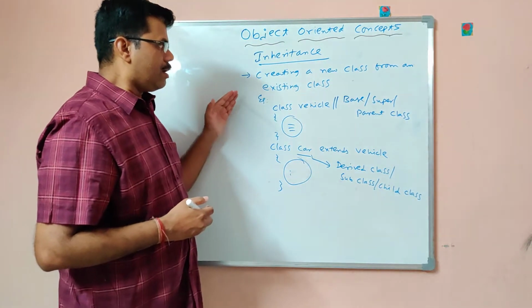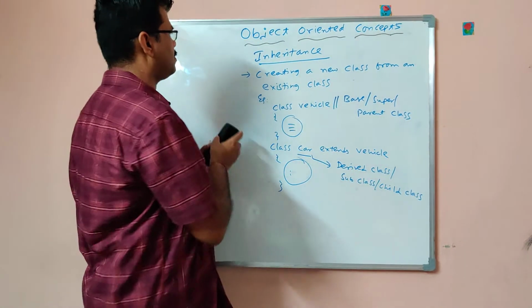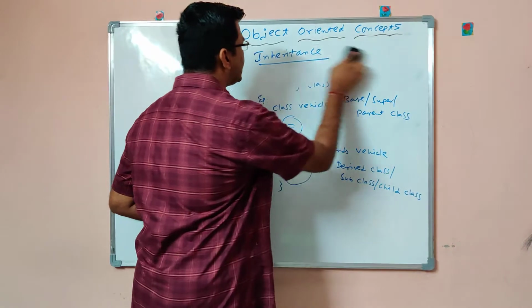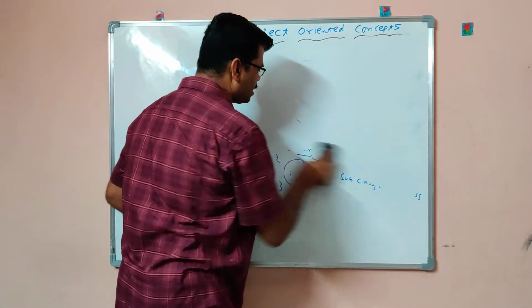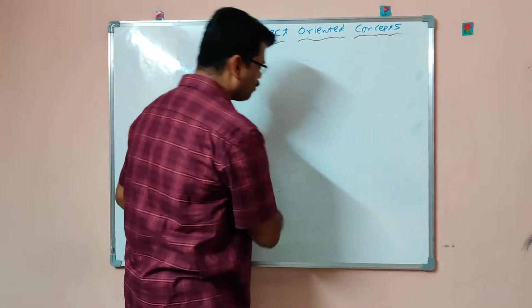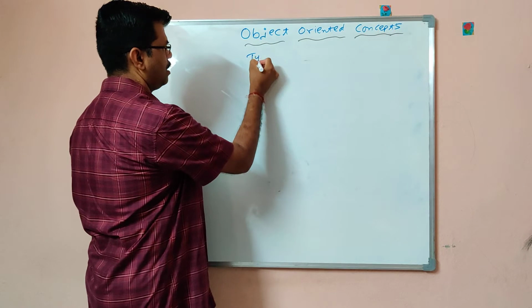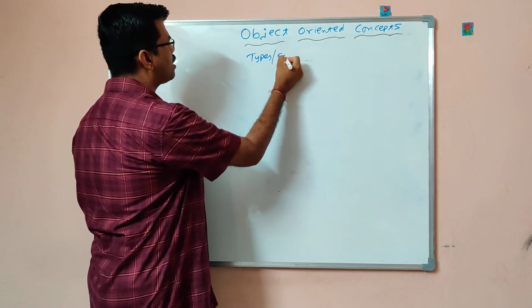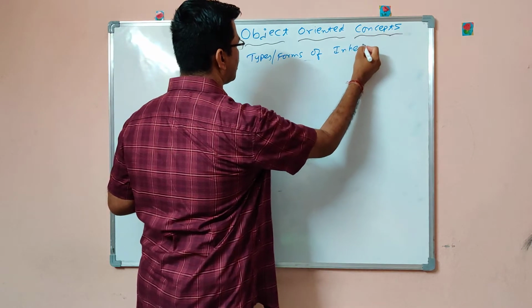Now, we are having some types of inheritance. There are totally 5 forms or 5 types of inheritance. Let me elaborate more about these types of inheritance.